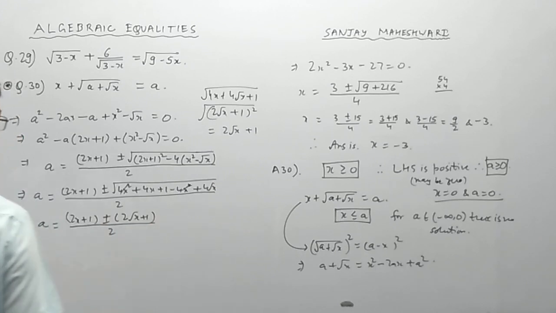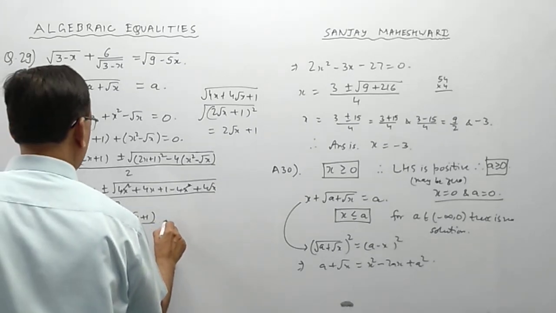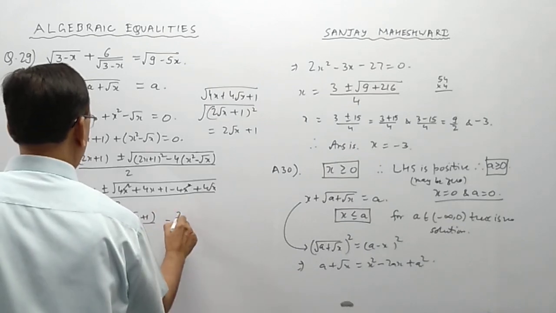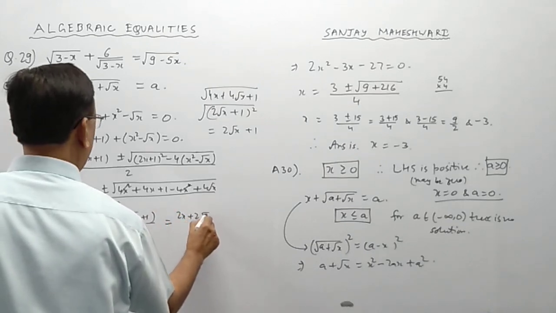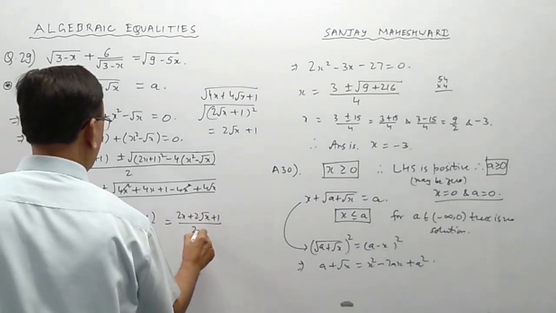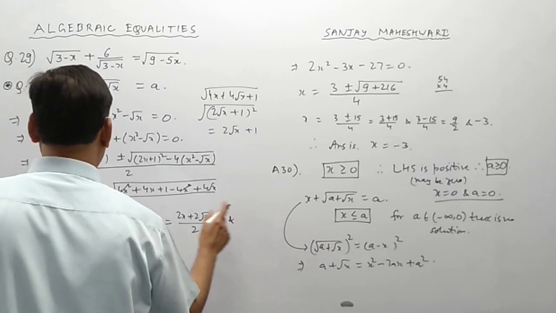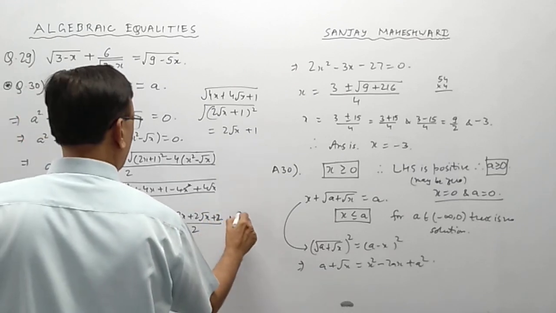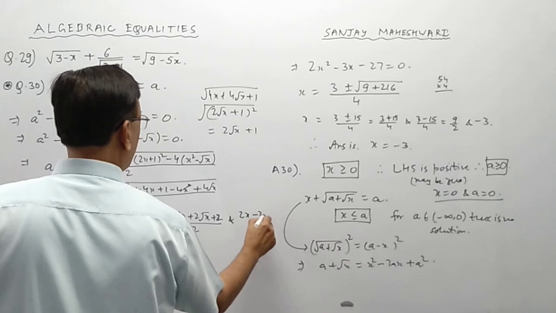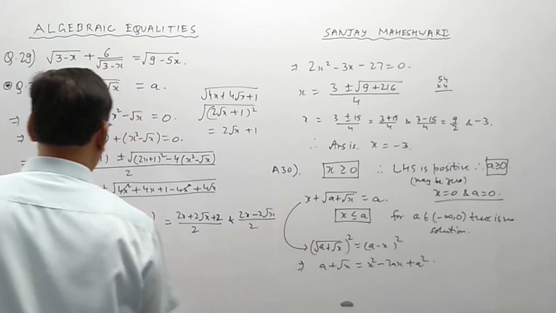divide by 2. So you can see here that we are getting 2x plus 2 root x plus 1 by 2 plus 2 and 2x minus 2 root x divided by 2.